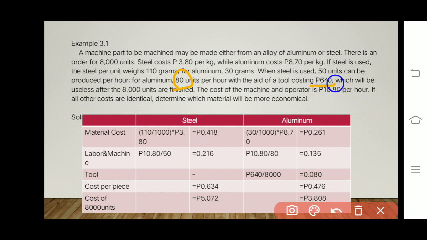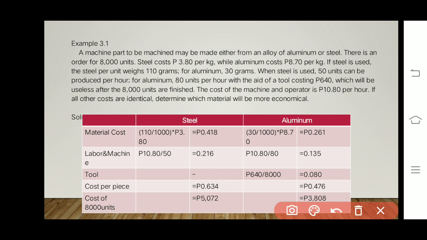Pero, with the aid of a tool naman na nagkakahalaga ng 640 pesos and useless na daw siya after 8,000 units are finished. So, the cost of the machine and operator is 10.8 per hour. Itong 10.8 per hour, pareho ito gagamitin sa steel and aluminum. So, if all other costs are identical, determine which material will be more economical.